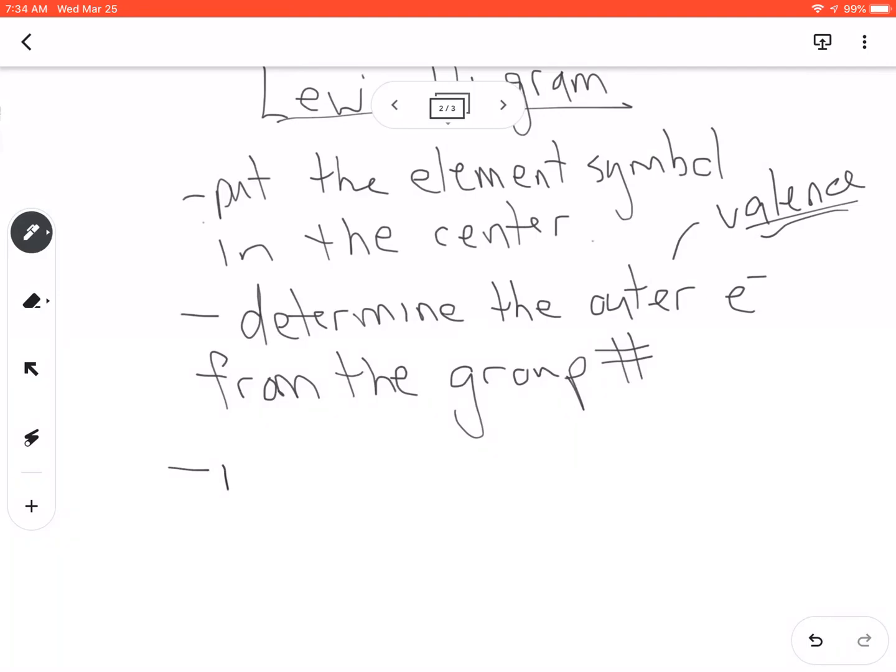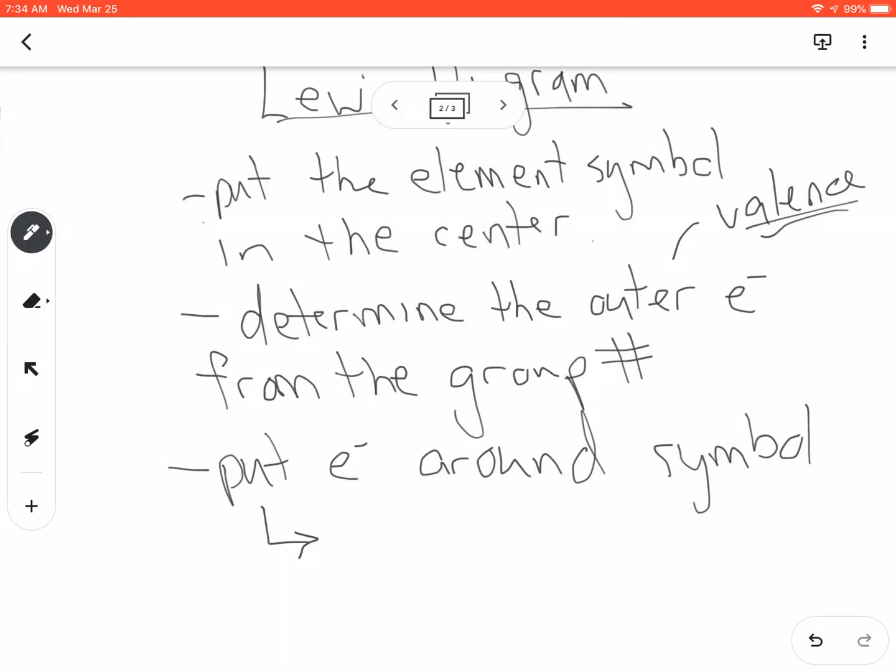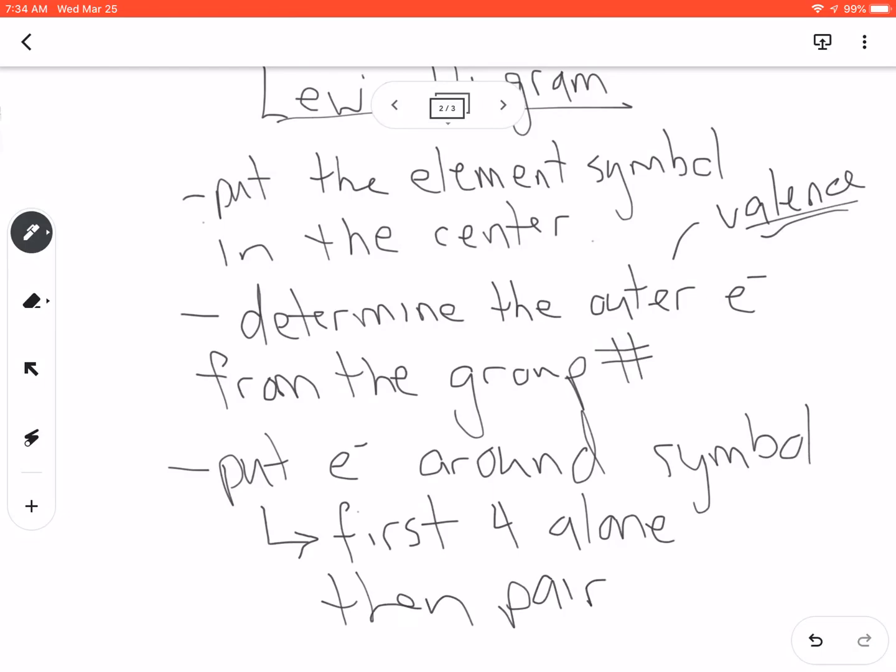And then we put the electrons around the symbol, and the first 4 are alone, and then pair up.